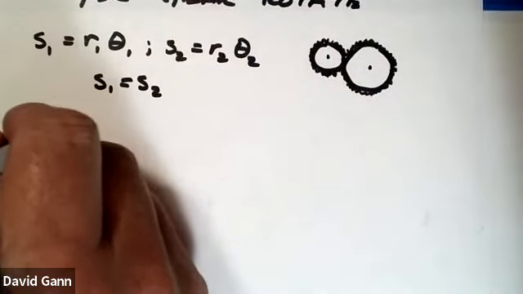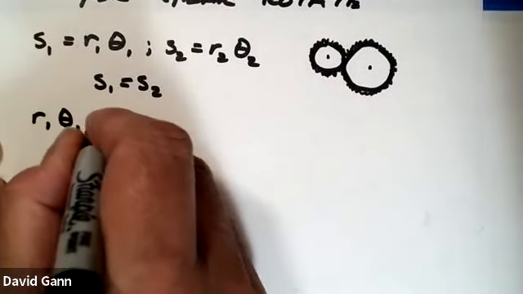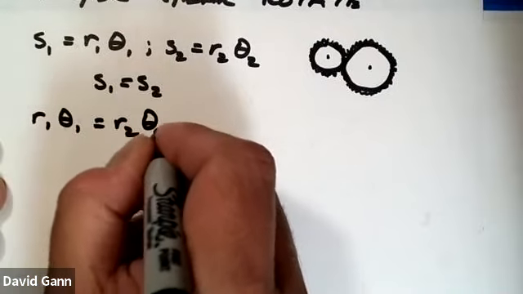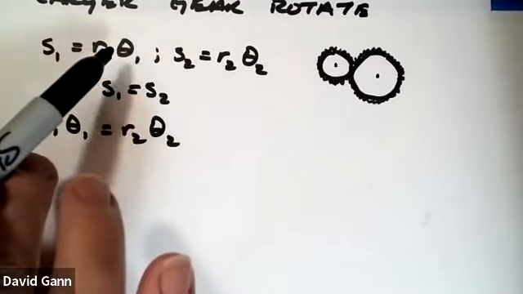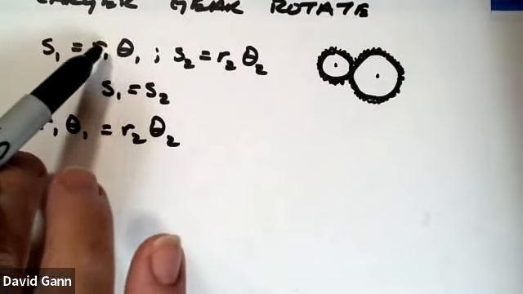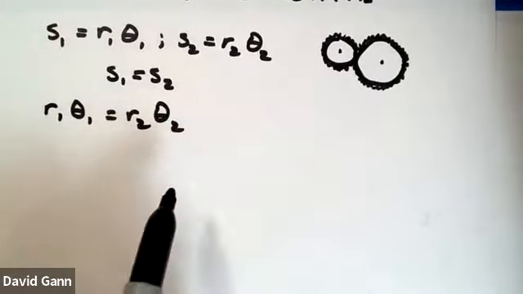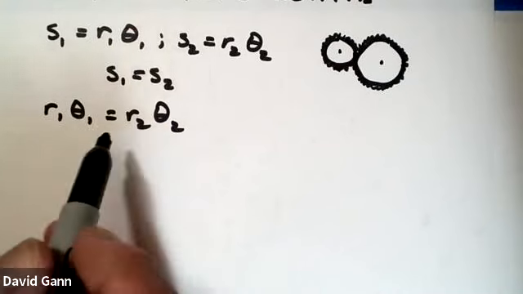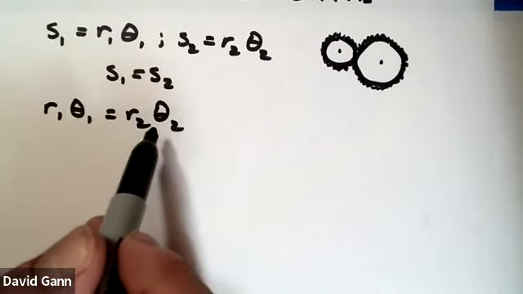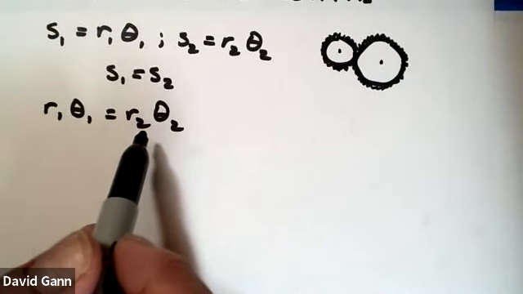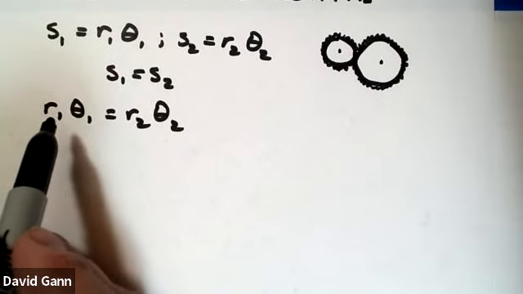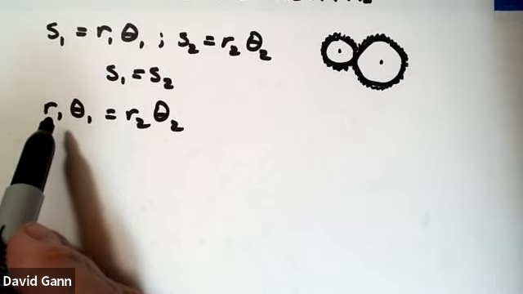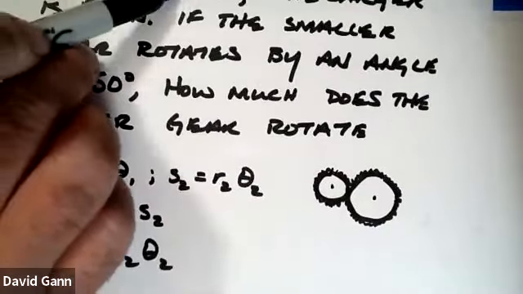So we've got R1 theta 1 equals R2 theta 2. Now, at this point, remember, these equations only work when the angles are in radians. But for this equation, it really doesn't matter what unit any of this is in, as long as it's in the same unit. So you have a distance, in this case the radius, which in our problem is in inches.